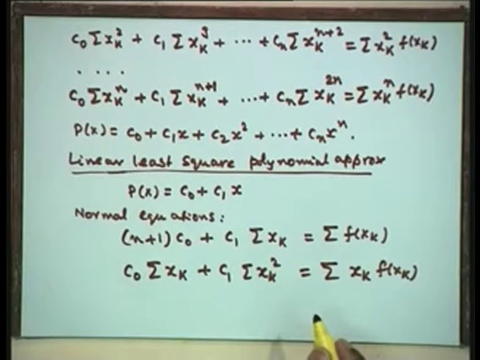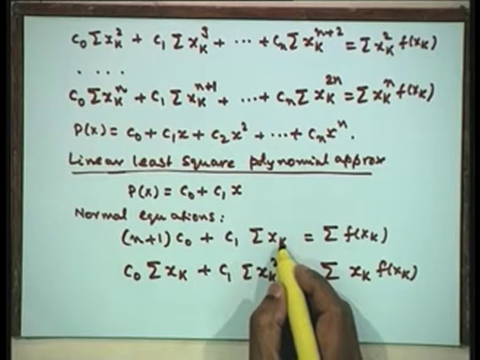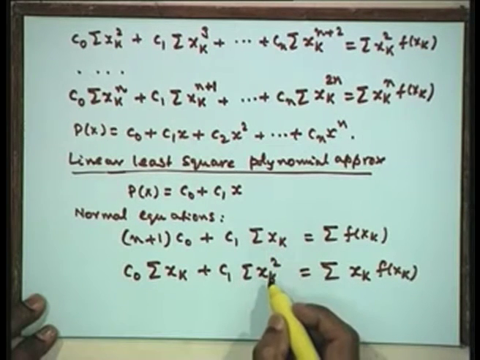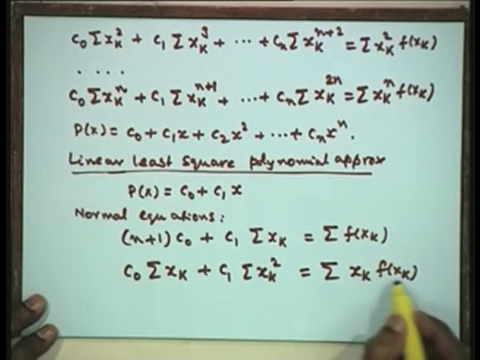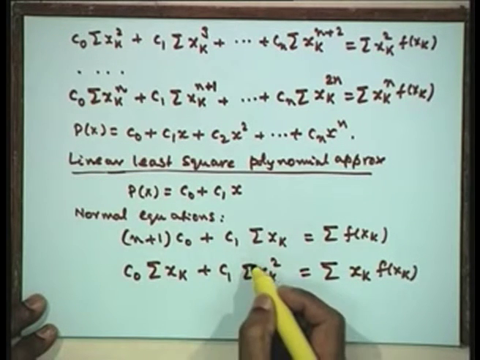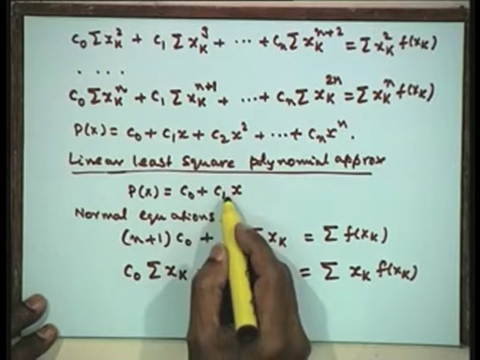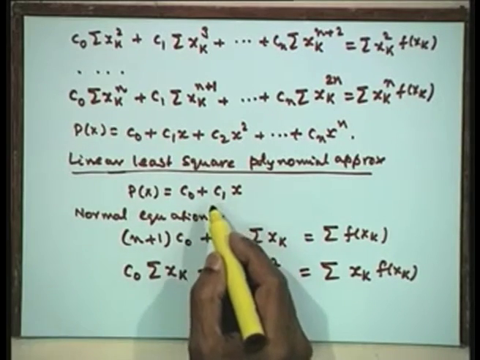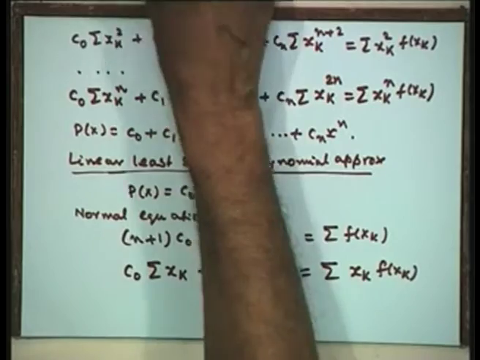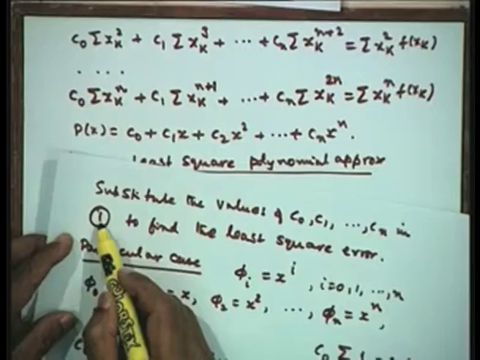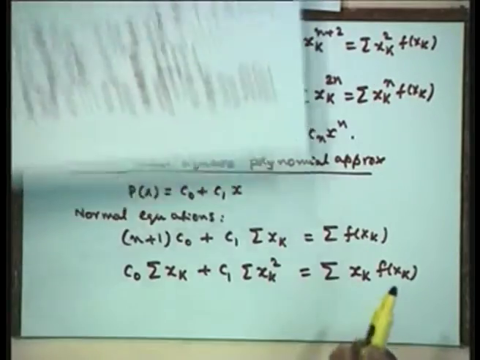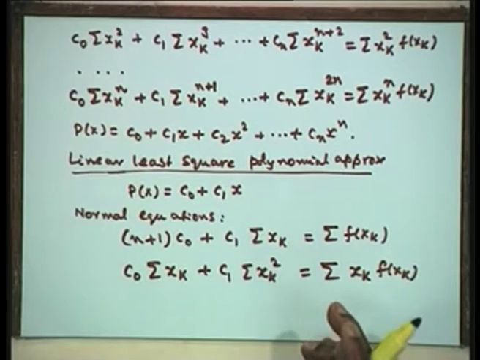Now, in any given data we just have to find what is the summation of x k, summation of x k square, summation of f x k and summation of this x k f x k, solve the 2 by 2 equations and we have the solution for C naught and C 1, and that will give you the least square approximation. And if I want the least square error, I would substitute in the expression that we have written in equation 1, and we can find out what is the total least square error under this linear approximation.